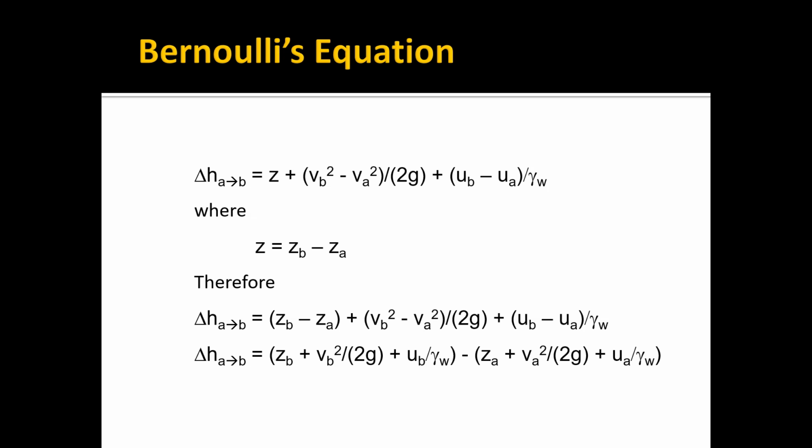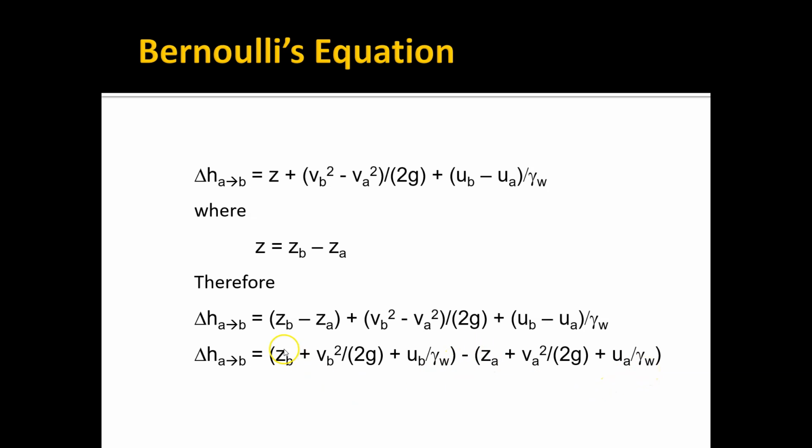And by the way, if you combine all the B terms and then all the A terms, you can end up with ZB plus VB squared over 2g plus UB divided by unit weight of water, minus ZA plus VA squared over 2g plus UA over the unit weight of water.